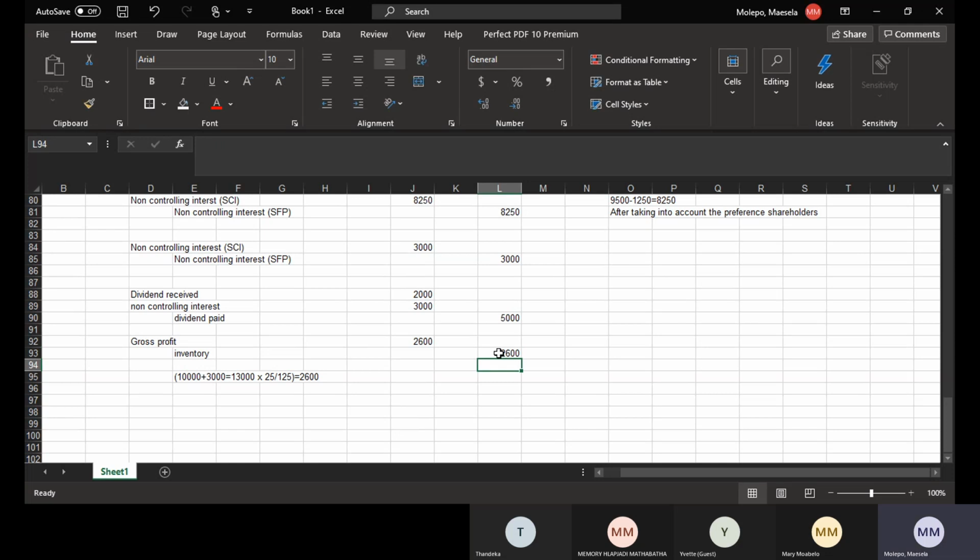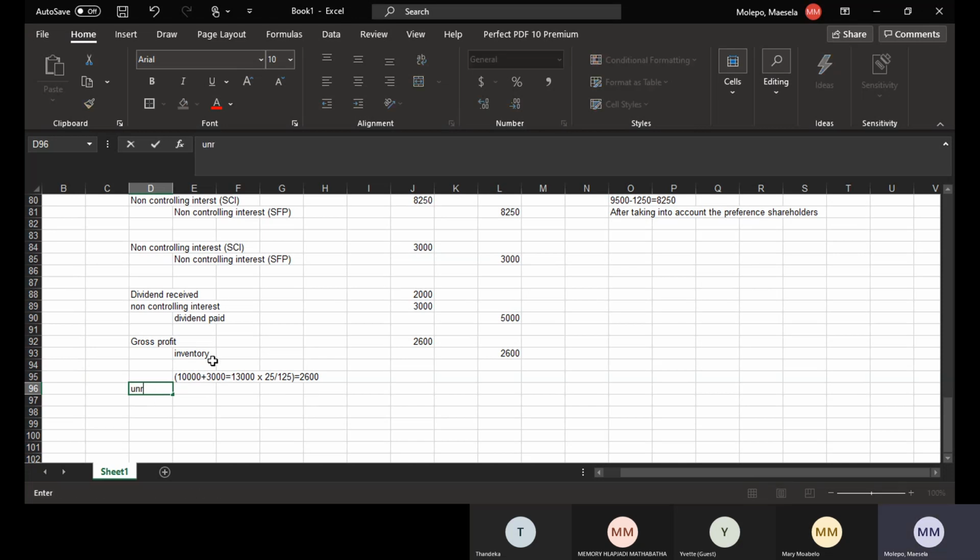I guess everyone understands that portion. So this will be the elimination, because this profit is not realized, because the inventory is still sitting in the books of S Limited. So it will be the unrealized profit in terms of P, because P will only realize this profit when S has sold those inventory to people outside the group.